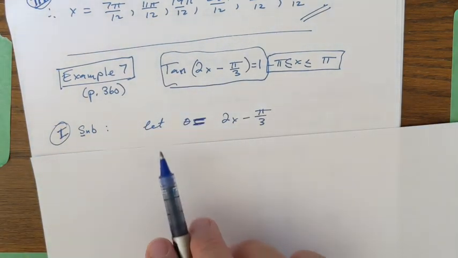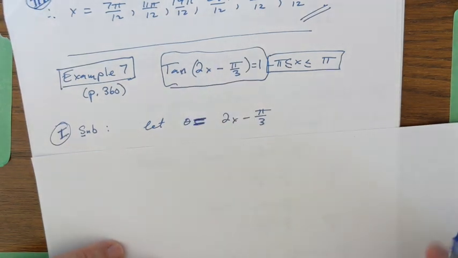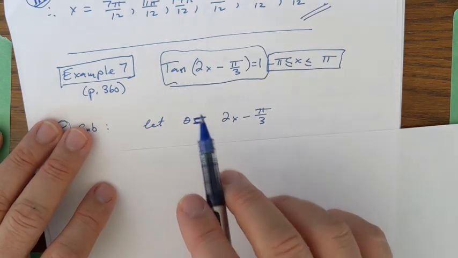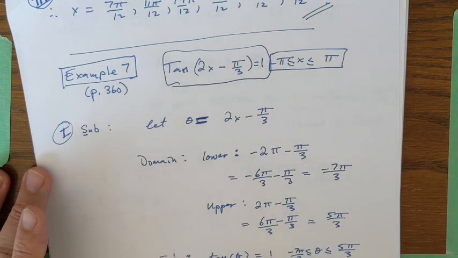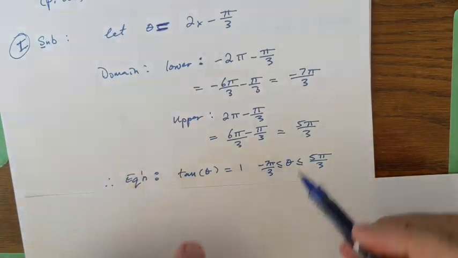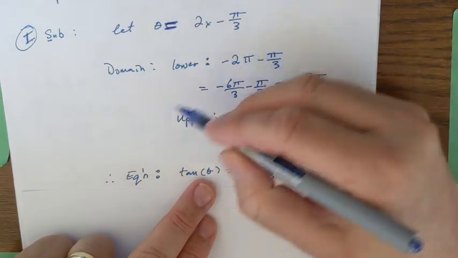Step 1, let theta equal 2x minus pi over 3, because that's what's in the bracket. So I'm going to do that, and I'm going to say, well, then the question basically becomes this, down here. Tan of theta is equal to 1. But we have to take care of the domain, right?